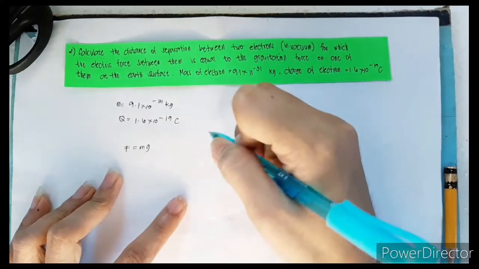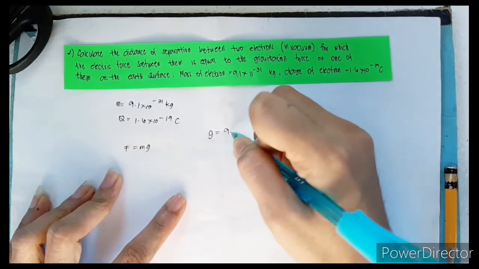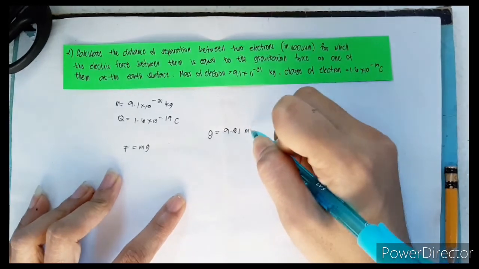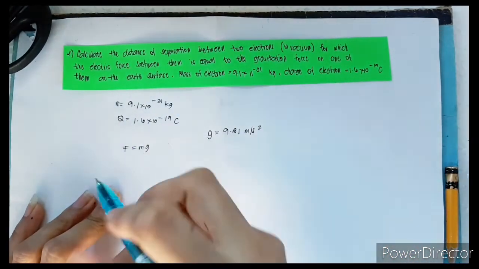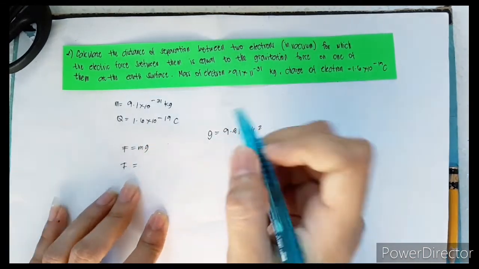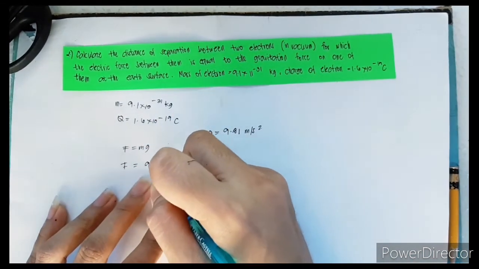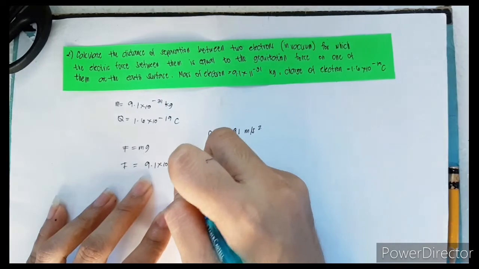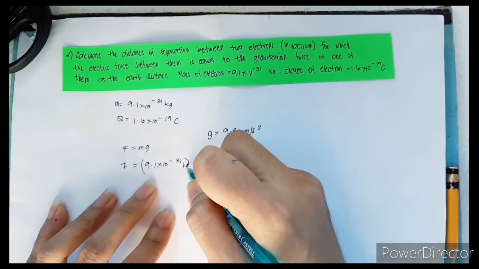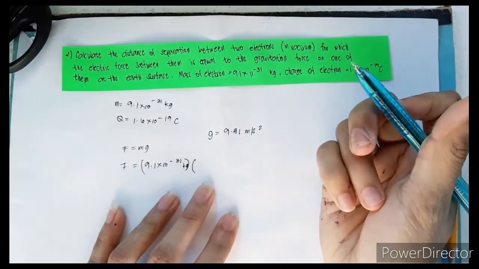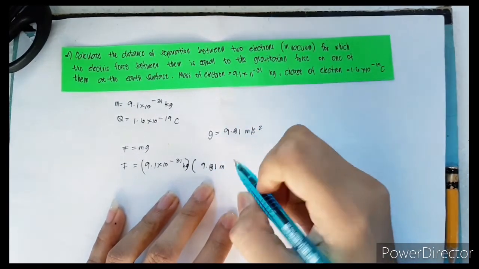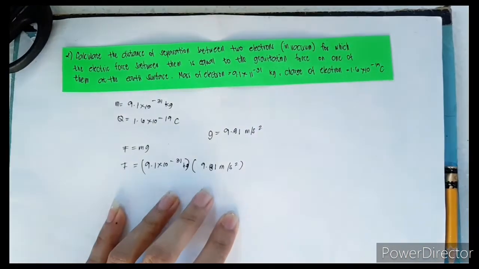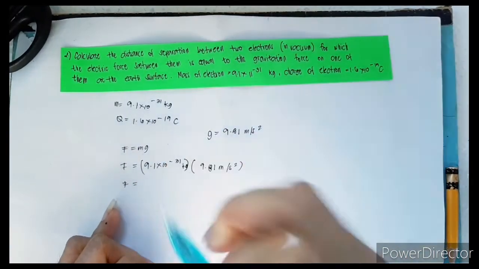Substitute the given values to the formula. We will have our mass, which is 9.1 times 10 to the power of negative 31 kilogram, times the value of g, which is 9.81 meters per second squared, and plug that into the calculator.